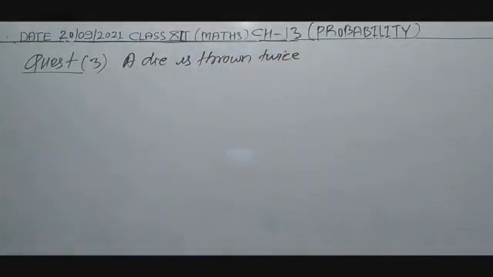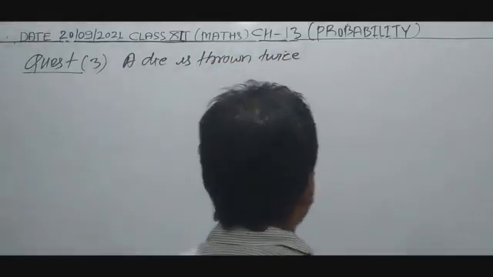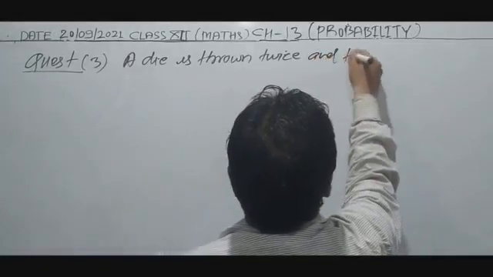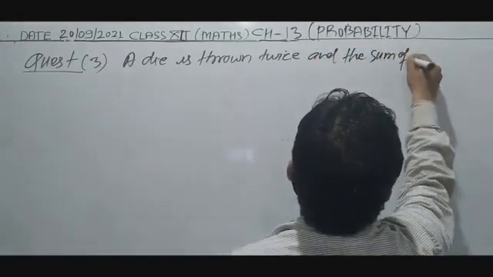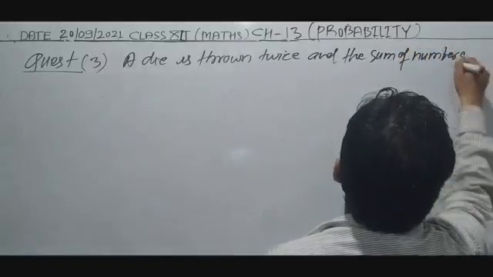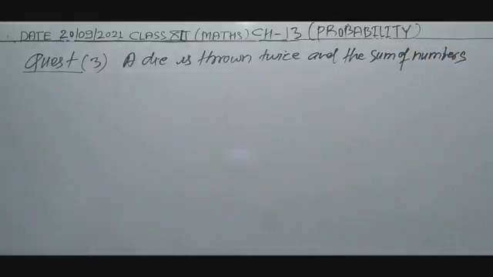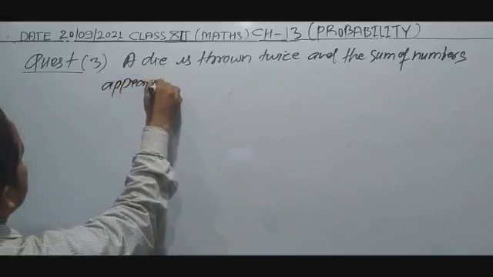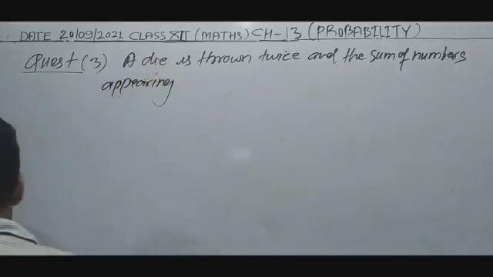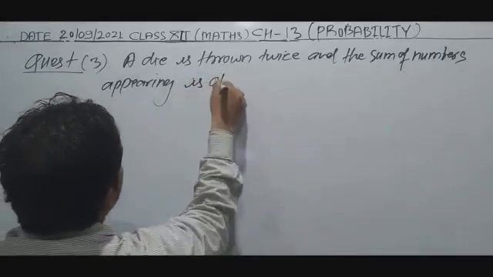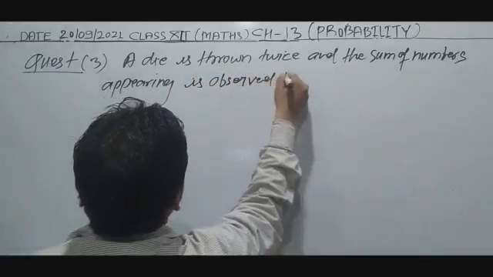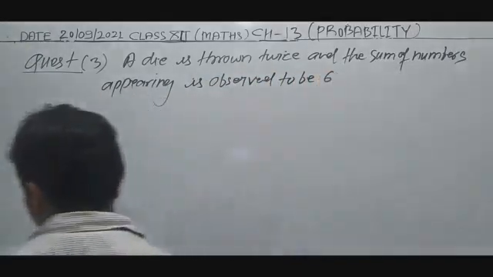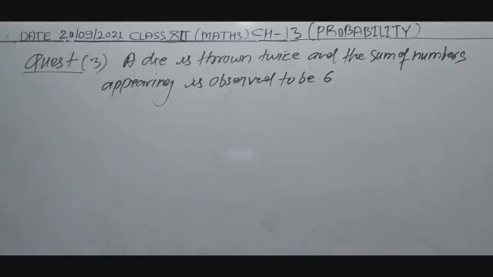A die is thrown twice and the sum of the numbers appearing is observed to be 6.